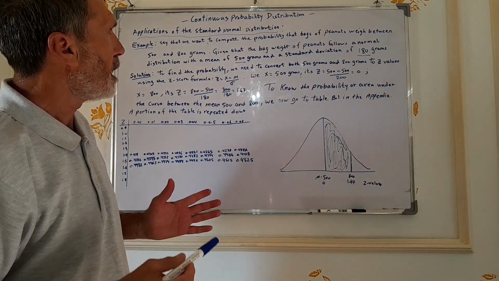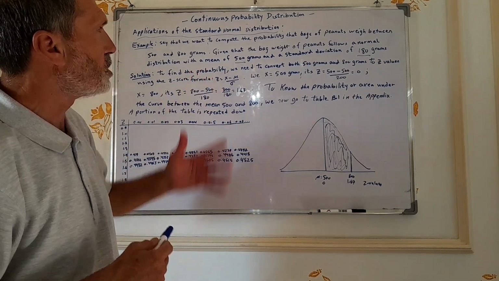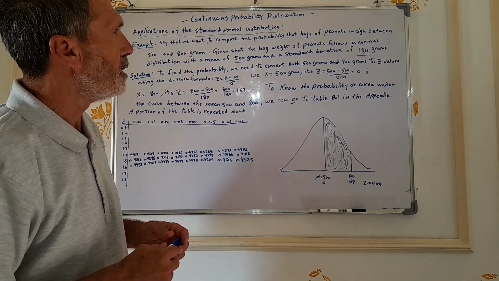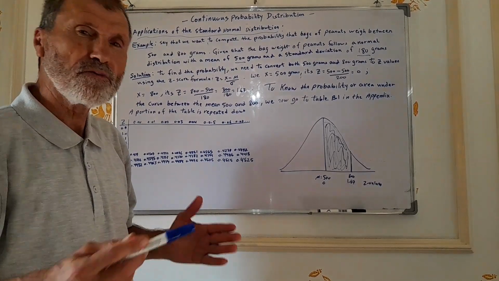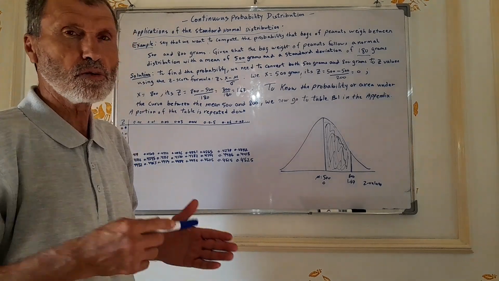Of course, this is a normal distribution. So to find the probability, all we have to do is convert the normal distribution into a standard normal.